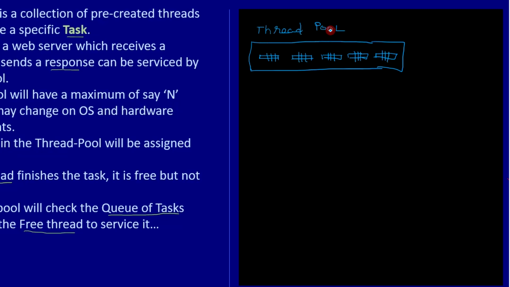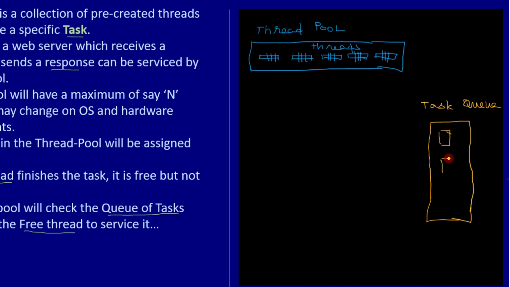Let's say we have a ThreadPool, and the ThreadPool is having 5 threads. So these threads are free and made ready and waiting for a task to be assigned. So let's say we have a task queue also.